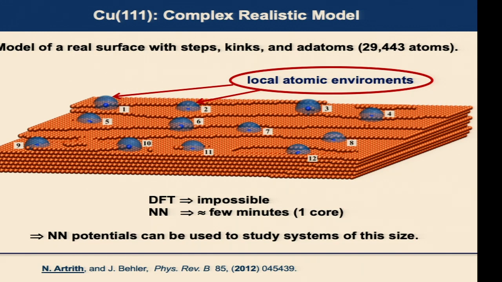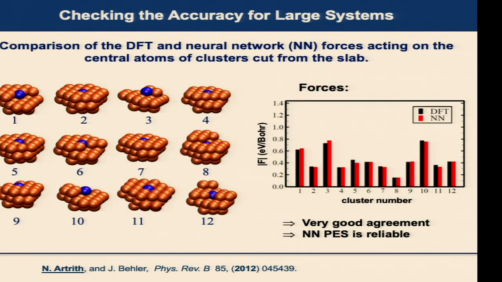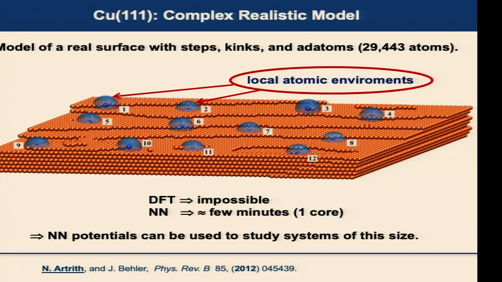But how can you believe that the neural network potential is accurate? We cannot directly compare the energies because we don't have the DFT energy reference. So we are looking at the forces acting on atoms on the surface. We look at some of the atoms that I showed before, for example atoms 1 to 12.